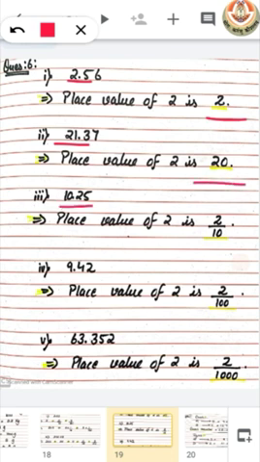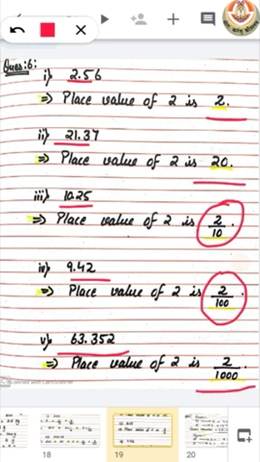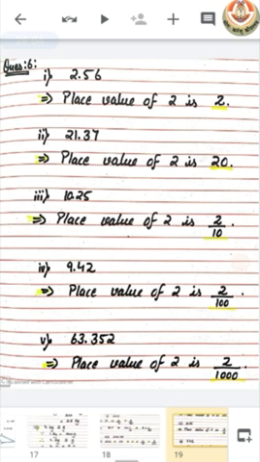In the third part 2 is in tenths place, so it will become 2 upon 10. In the next part it is in hundredths place, so 2 upon 100. Whereas in the fifth part it is in thousandths place, so it will become 2 upon 1000.